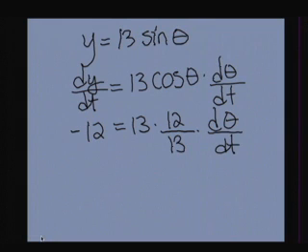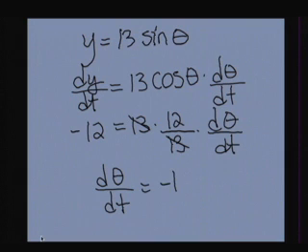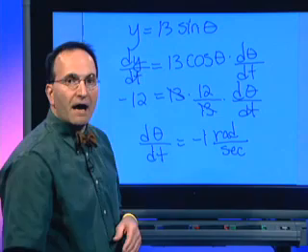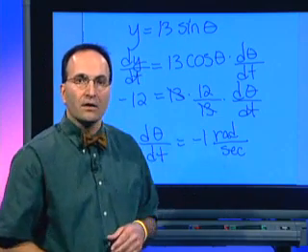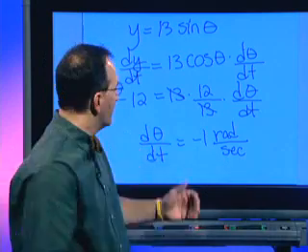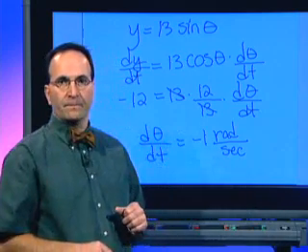So that means when I work all of this out, dividing negative 12 by 12, I find that d theta dt is equal to minus 1 radian per second. So that's the rate at which that angle, of course, is decreasing, and that's the minus sign.